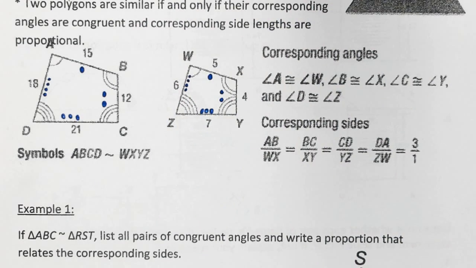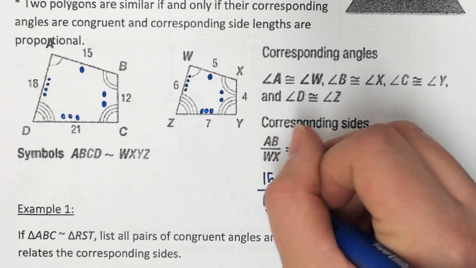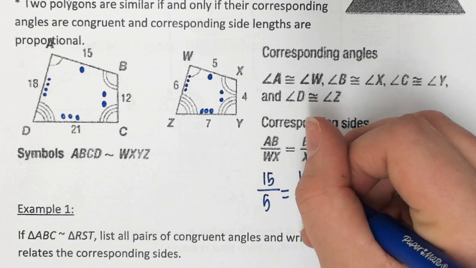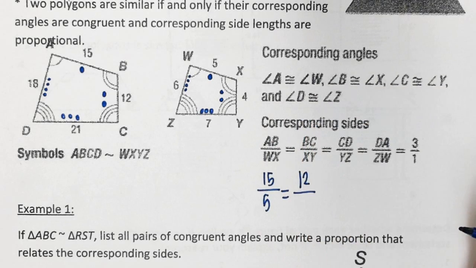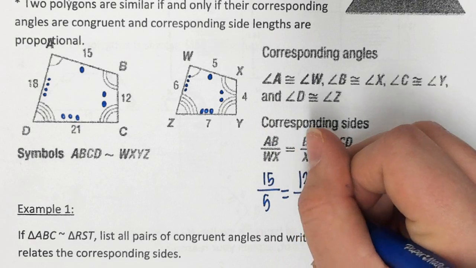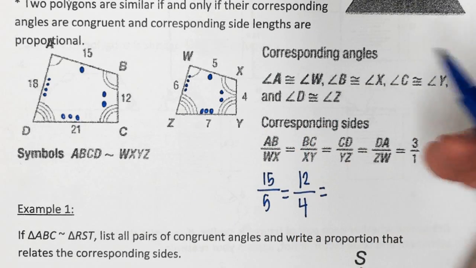So to tell whether these are similar or not, we need to look at their lengths to each other. So what was the length of AB? 15. What was WX? 5. BC is 12 over XY is 4. Do y'all see where I'm getting these from?